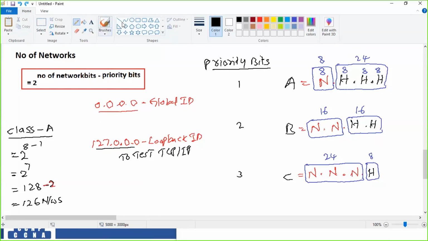Is 127.0.0.1 also called a private IP address? Or is that different?